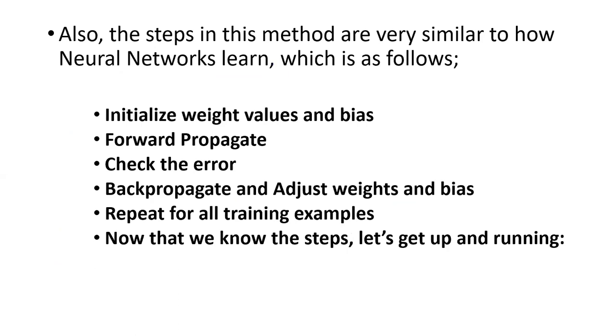If the error is satisfactory, then no need to change the weight values. If it is not satisfactory, adjust the weight values and bias. Then these values are back propagated to the input layer, so the changes will happen. Repeat for all training examples.